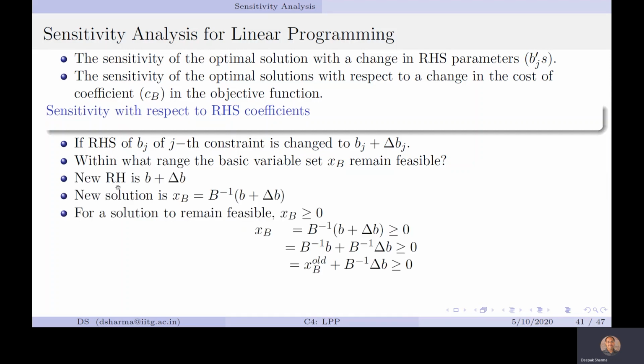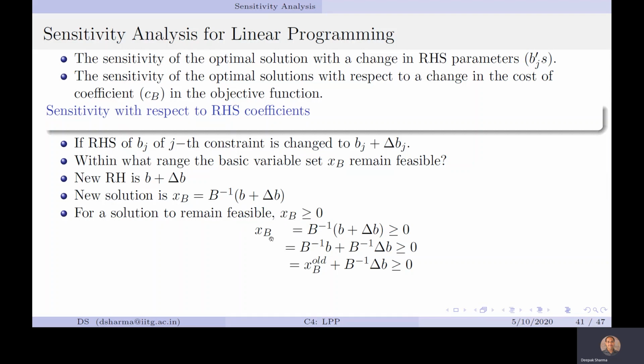In that case, the new right hand side is b plus delta b. The new solution is xb equals B inverse times the changed b, so b plus delta b. The solution will remain feasible when xb is greater than or equal to 0.